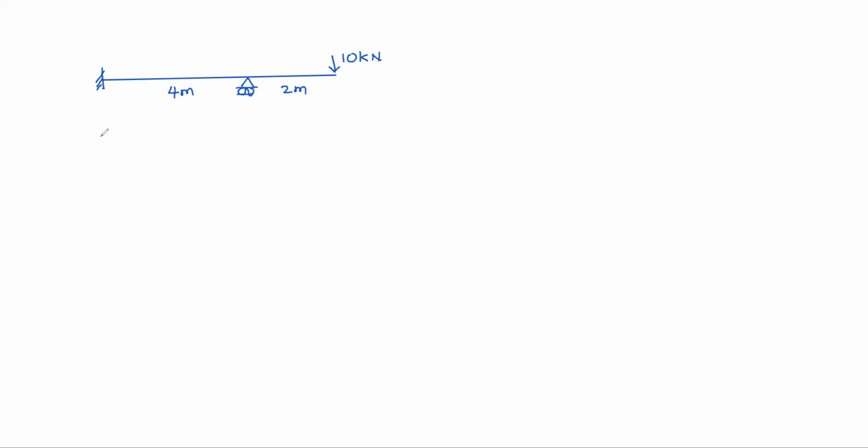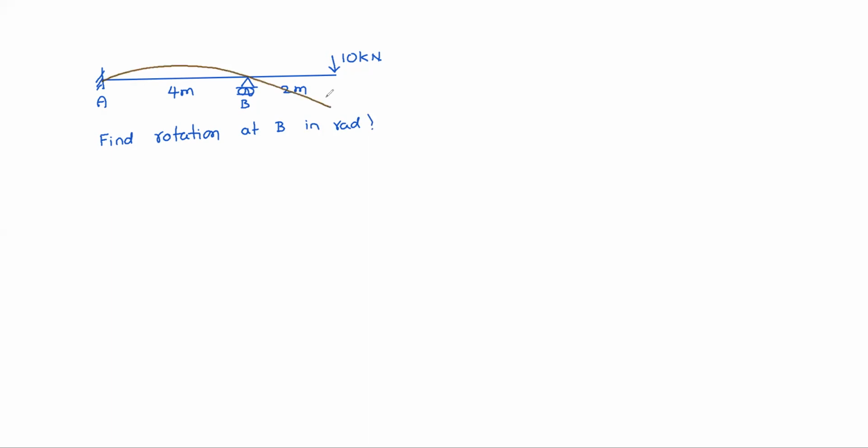So find the rotation at B in radians. Rotation at B in radians. Of course you can find directly. Otherwise, if you feel comfortable, then you can go for another way also. That is the rotation at B. Let us assume that rotation is something theta.